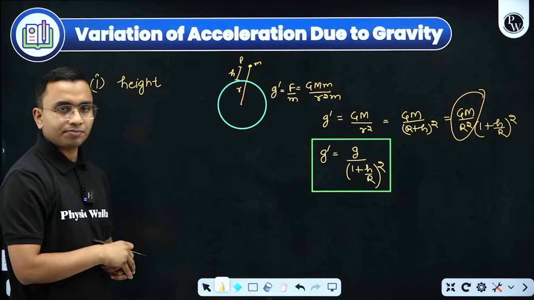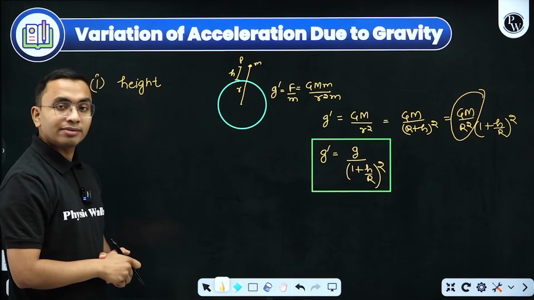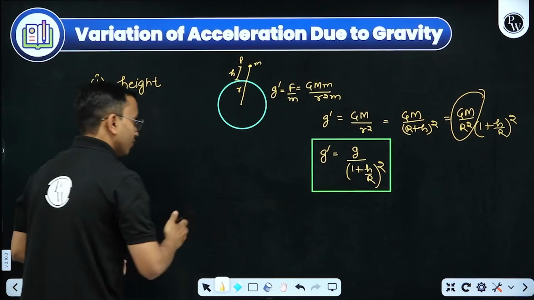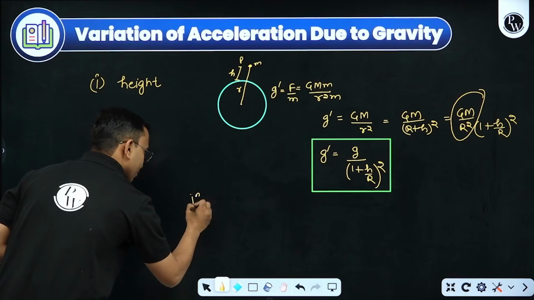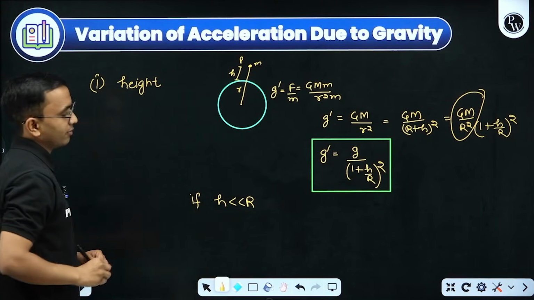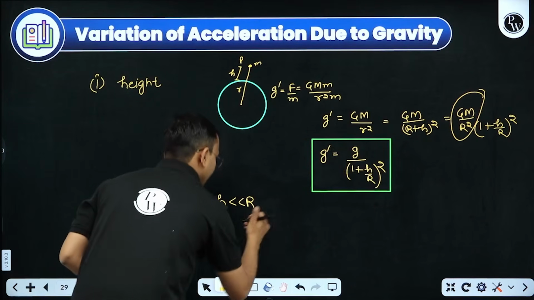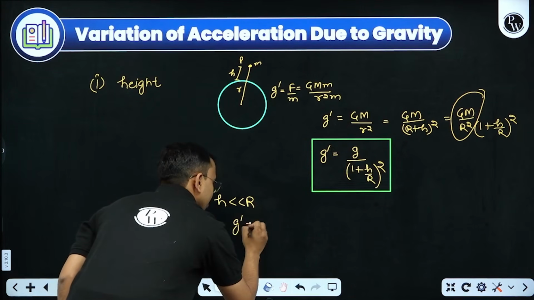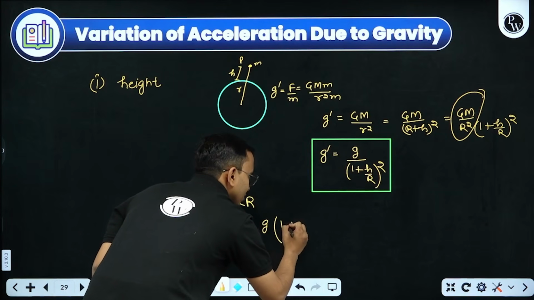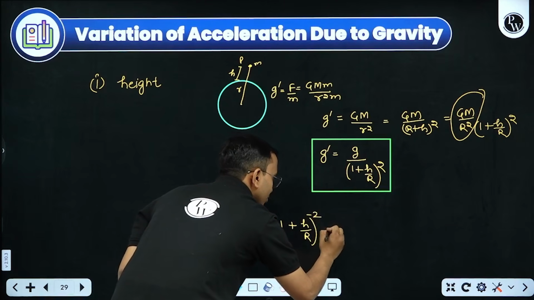Now, let us take an assumption that this h is very, very small. If h is very, very small, then what we will do? I can write g' as g into (1 plus h by r) to the power minus 2.